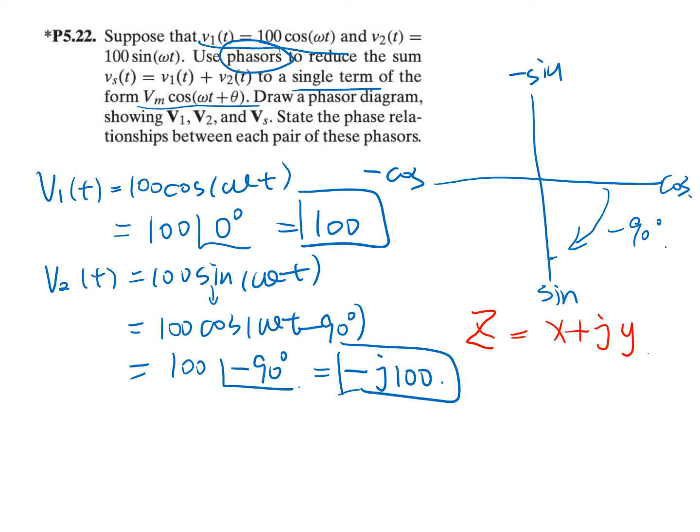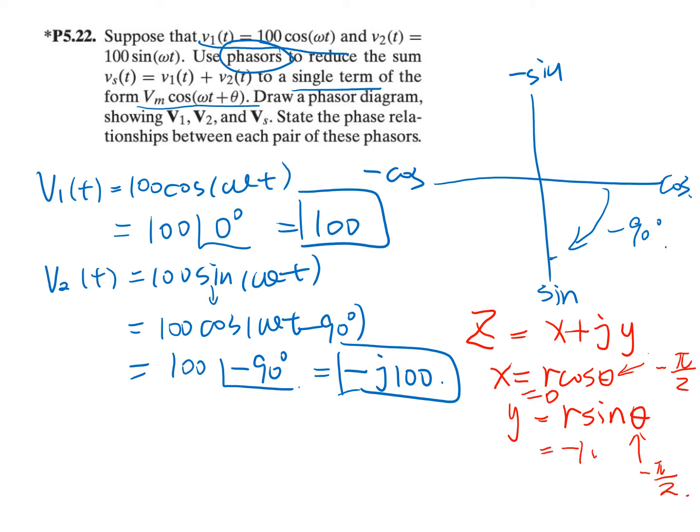Here we have x is equal to r cosine theta, y is equal to r sine theta. And when you substitute in theta as negative pi over 2, the x will be 0 and the y will be negative 100. So that's how you get this value.